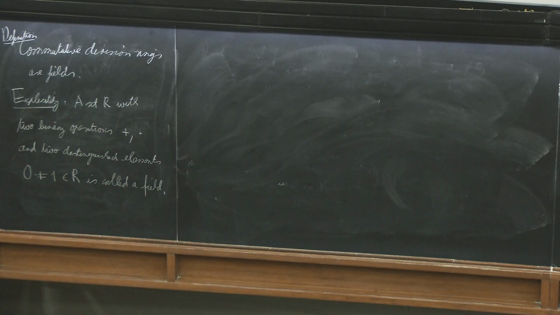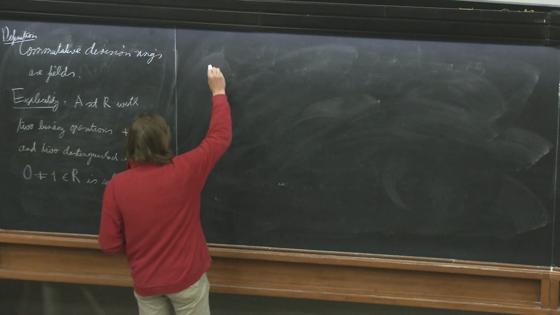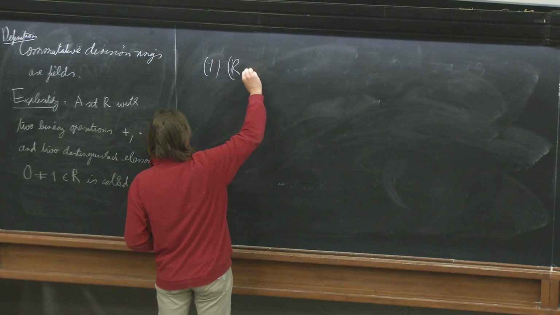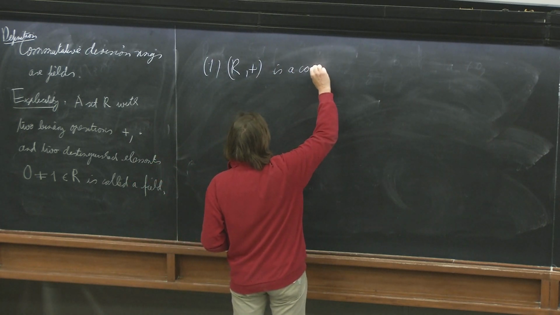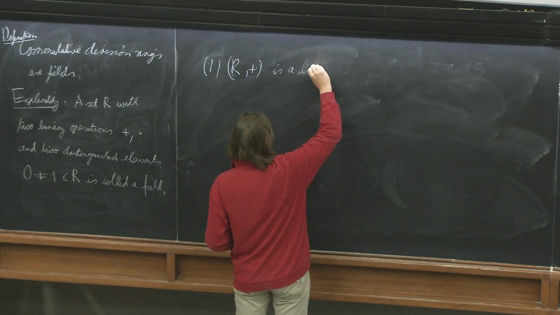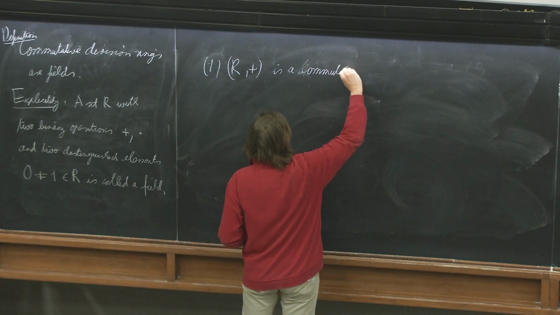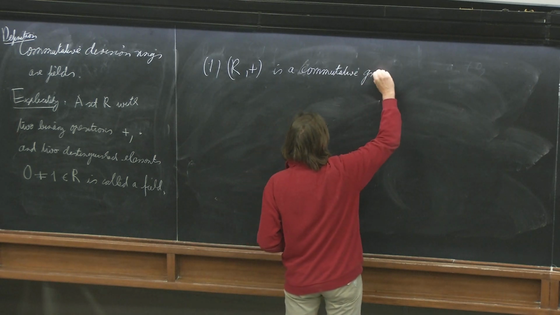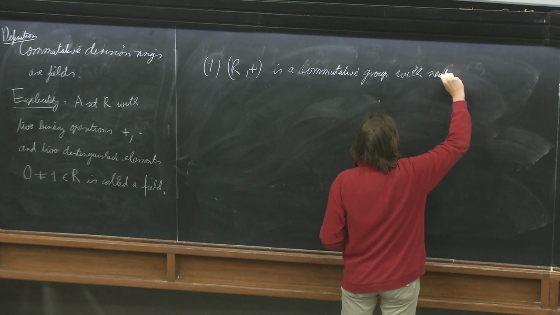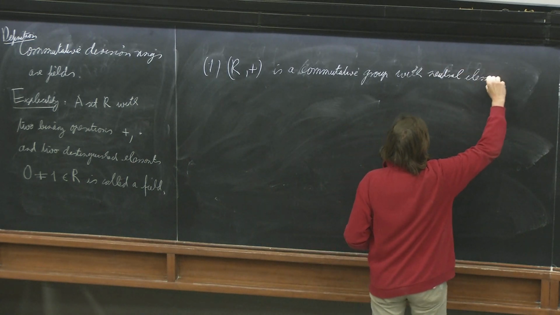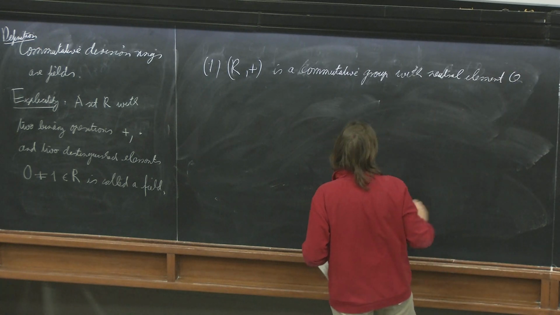Well, there are two group structures, the multiplicative group structure and the additive group structure, and they are compatible via the distributive law. So first, R with the addition is a commutative group with neutral element 0.